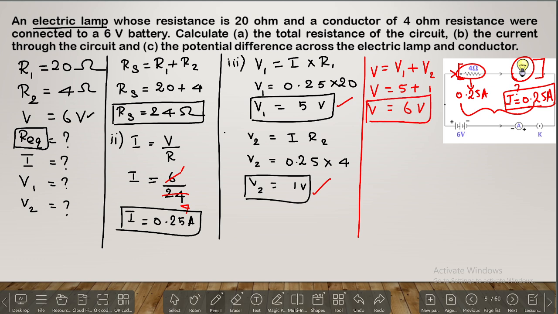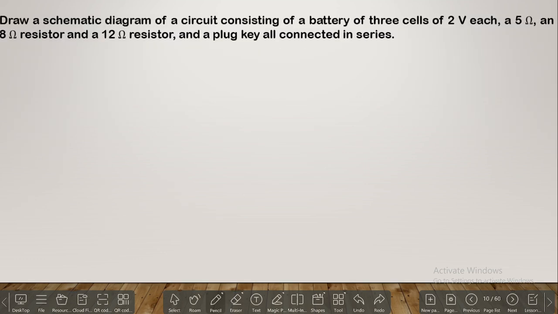If you are observing over here, the net potential difference which is created across the ends of each resistor is equal to the net.